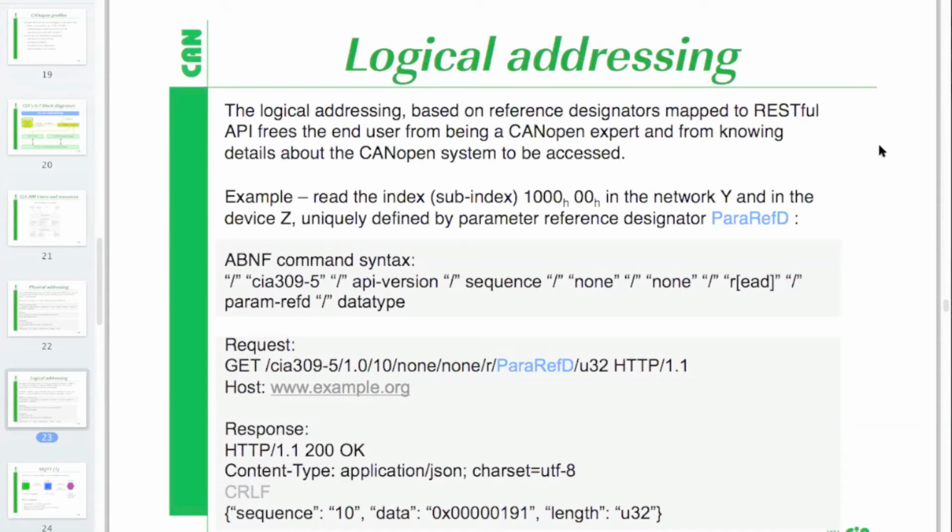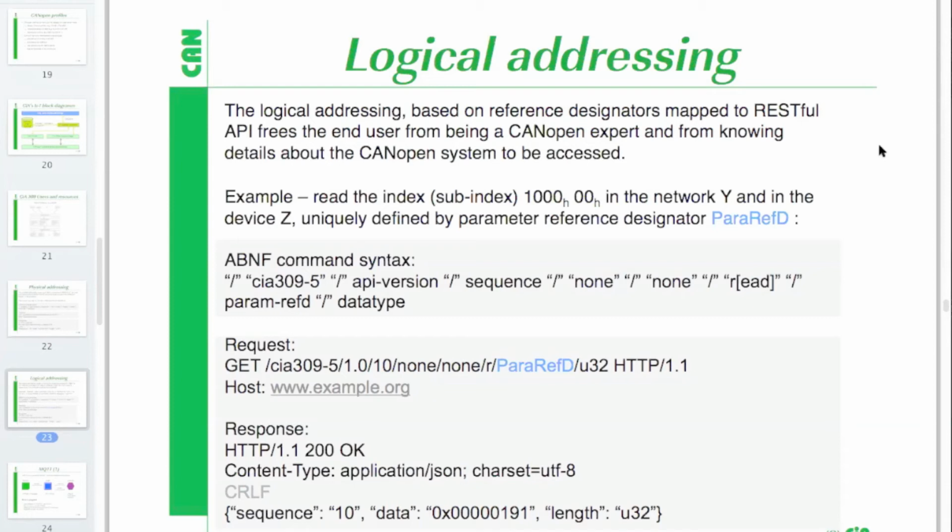This is just a functional addressing, allowing you an embedded-technology-independent representation of data, where you can design your system and access it on every network in a very standardized way. With the so-called parameter reference designator, as you can see here, shortened as PARA-RFD, there is only addressing to the parameters.